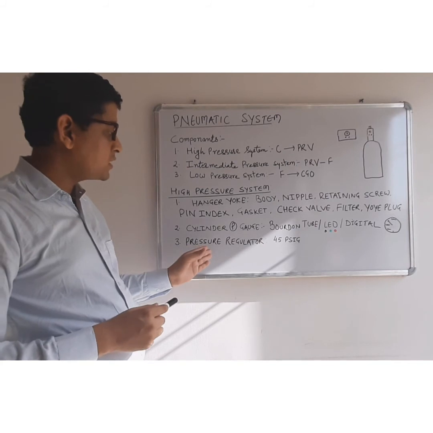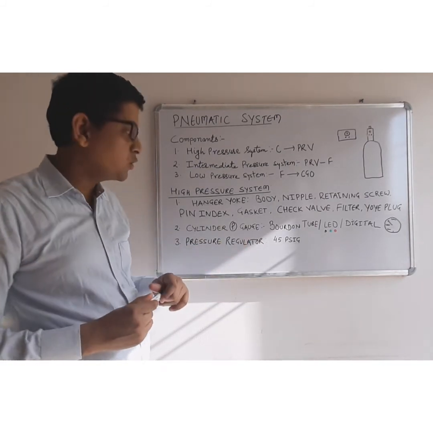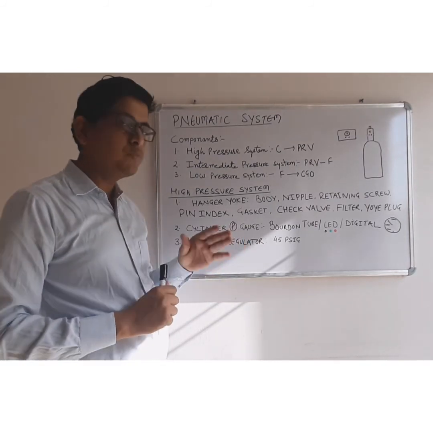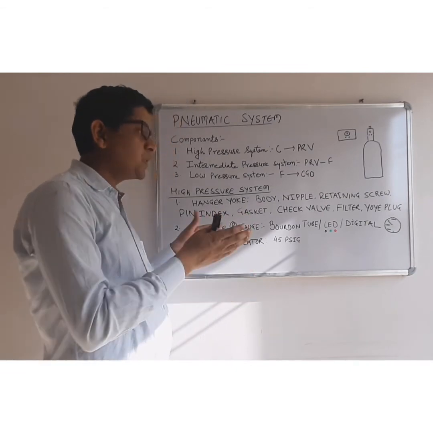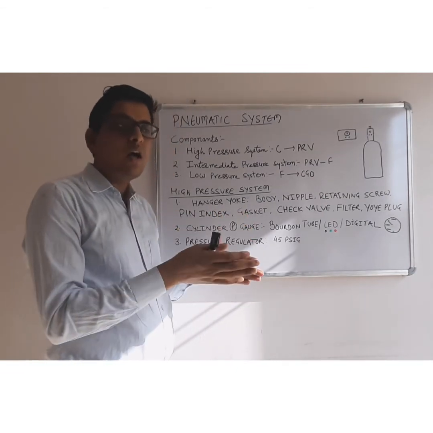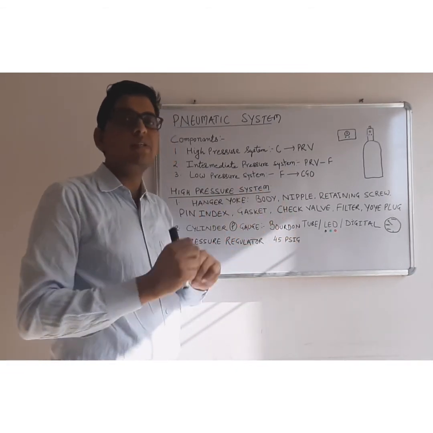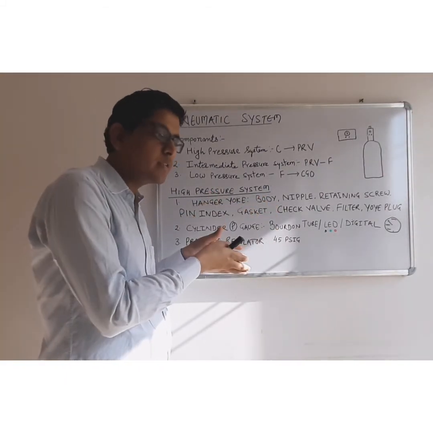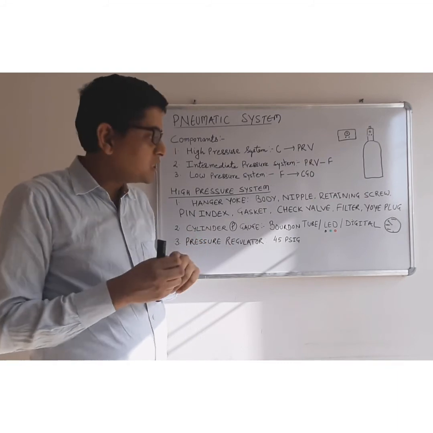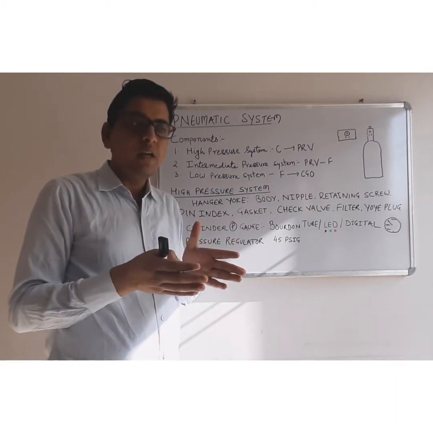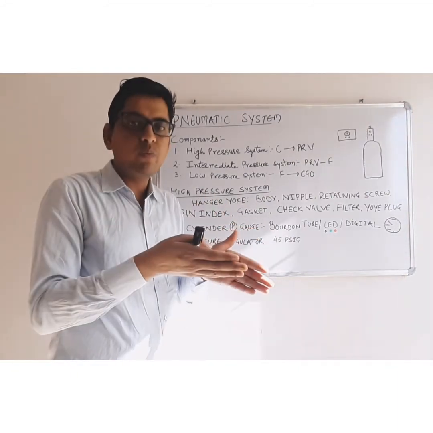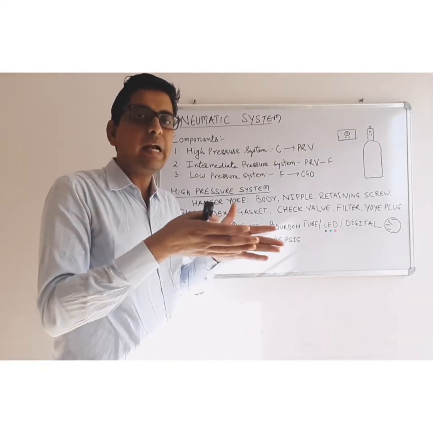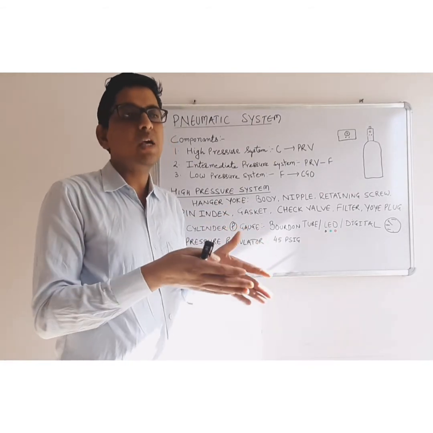Now the next part is pressure regulator or pressure reducing valves. What is the purpose of these pressure regulators? These pressure regulators reduce the high and variable pressure in the cylinder to a constant and low pressure for the machine. So high pressure in oxygen cylinder, the pressure is 2000 psig, while in nitrous oxide cylinder the pressure is 750 psig.